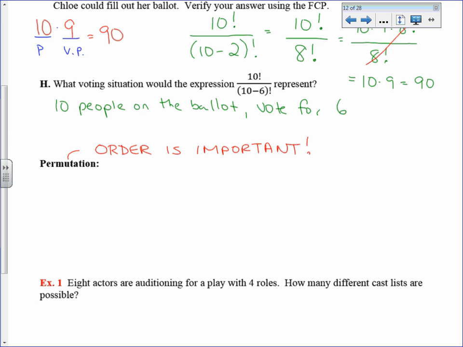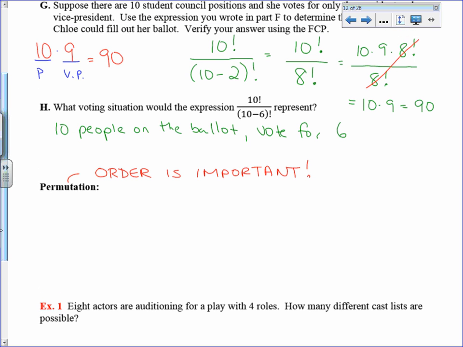What I mean by that is, if we were choosing a president and vice president from 10 people, let's say that Kaylee is president and Aurora is vice president. Kaylee being president, Aurora being vice president is different than Aurora being president and Kaylee being vice president. That means order is important.